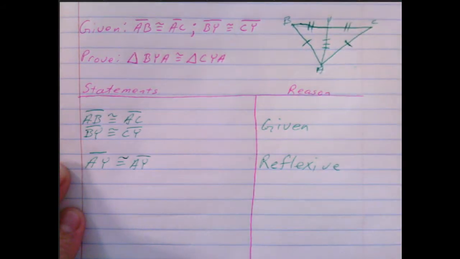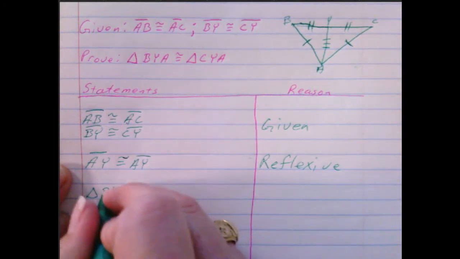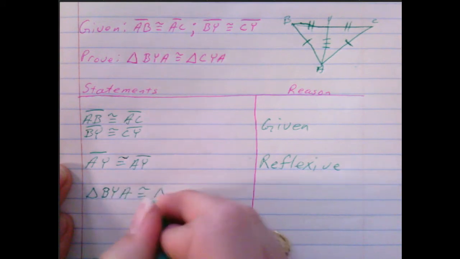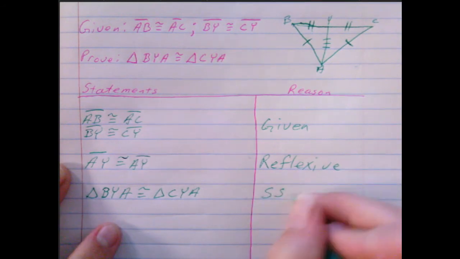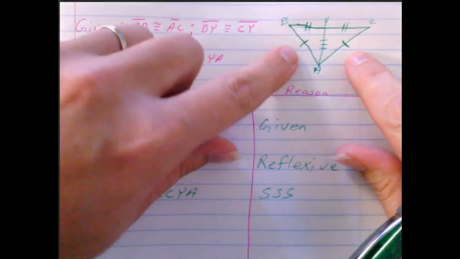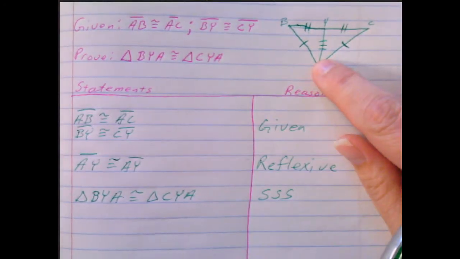So if we have all three sides, we can say triangle BYA is congruent to triangle CYA, and that is side, side, side. These two sides, and then the center one. Okay? Alright, let's look at another one.